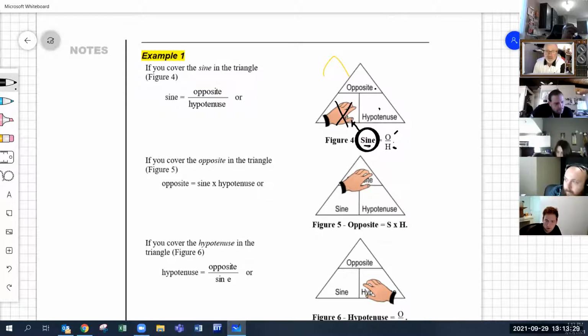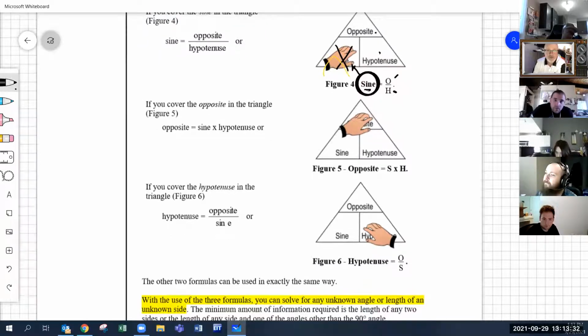And now, to manipulate that triangle more, if you wanted to know what the length of the opposite side is, you just simply take the sine of the angle and multiply it by the hypotenuse. And then if you want to know what the hypotenuse is, you take the opposite length and divide it by the sine of the angle.